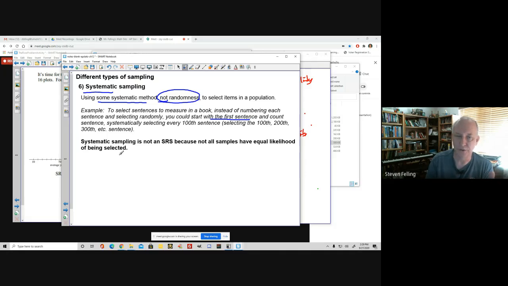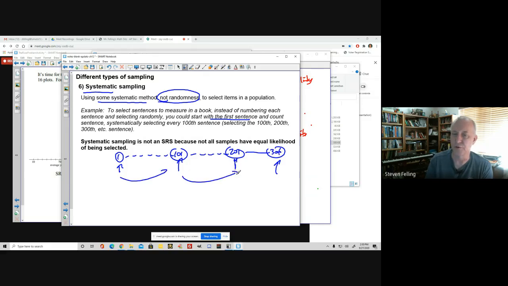So we include sentence number 1, and then we add 100 to that. And when we get to sentence 101, we just select that sample, and then we add another 100 to get 201, and we select that one. And so we're not selecting sentences at random, we're selecting using some sort of a rule.